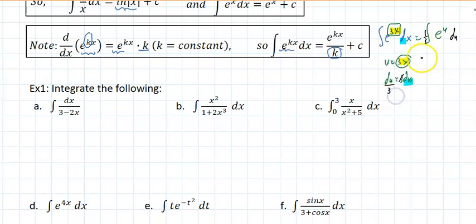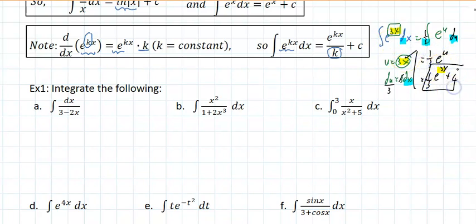And that would be 1/3 e to the u. That would be 1/3 e, and what was u? u was 3x, right there, plus c.